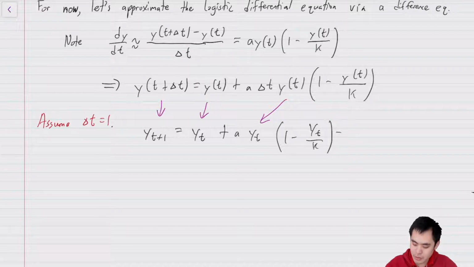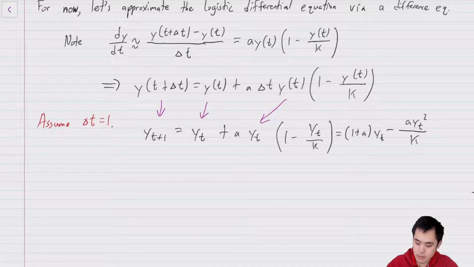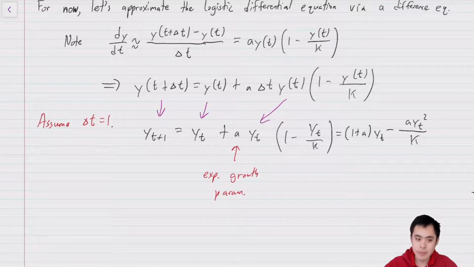And if we rewrite this a little bit, this is equal to (1 + a) y(t) minus a y(t)² over K. And so again, we still have this exponential growth parameter. And we have a limit to the population growth over here.